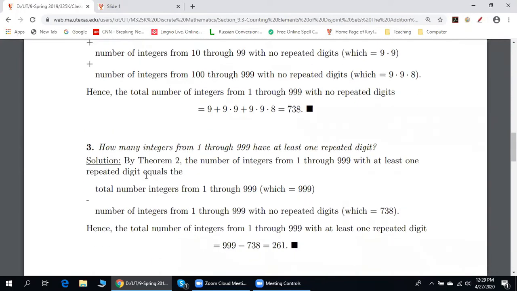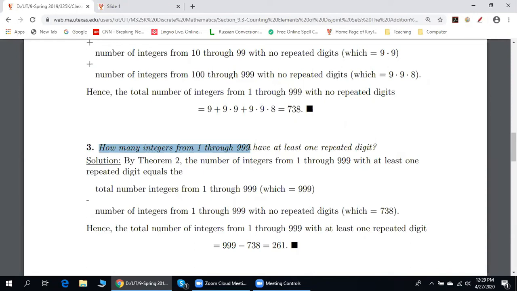Now, to answer 3, we use theorem 2. Please take a look at this. How many integers from 1 through 999 have at least 1 repeated digit? So instead of counting the number of integers that have 1 repeated digit, 2 repeated digits, 3 repeated digits, we apply theorem 2.